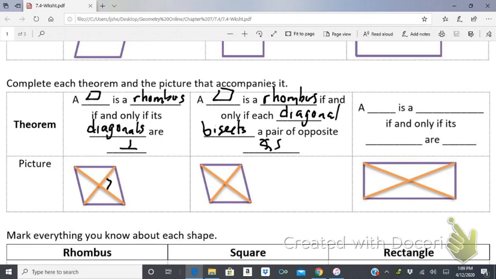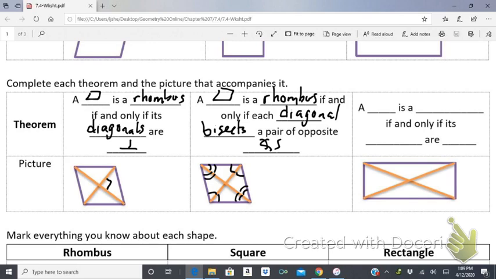So that means that a rhombus splits this into two equal angles, and they're going to be congruent to each other. So all four of those angles that you see right there are congruent, and all four of these angles that I'm drawing are congruent. Okay? So just from what you see, we know two things. The angle in the middle is going to be 90 degrees, and all of the angles on the outside are congruent to each other.